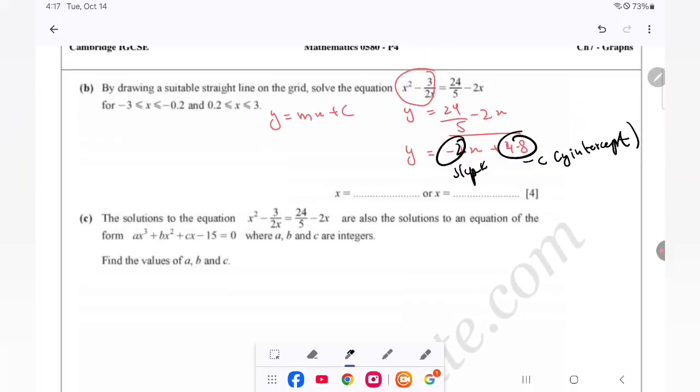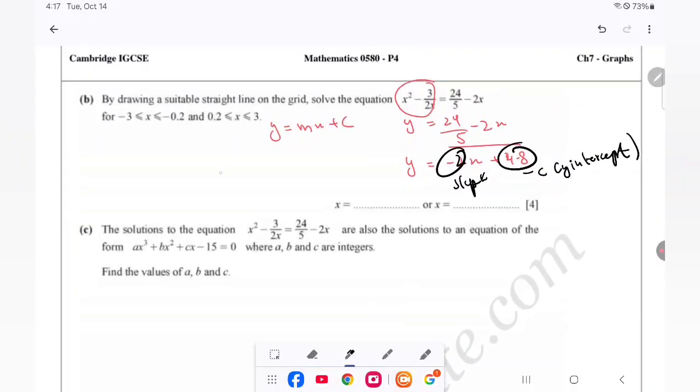Now put the values. We know that the slope m equals change in y over change in x, which is equal to negative 2, and there is nothing in the denominator, so we can write 1 in the denominator. Put the values of the y-intercept and the change in y, change in x in the graph to get the straight line.